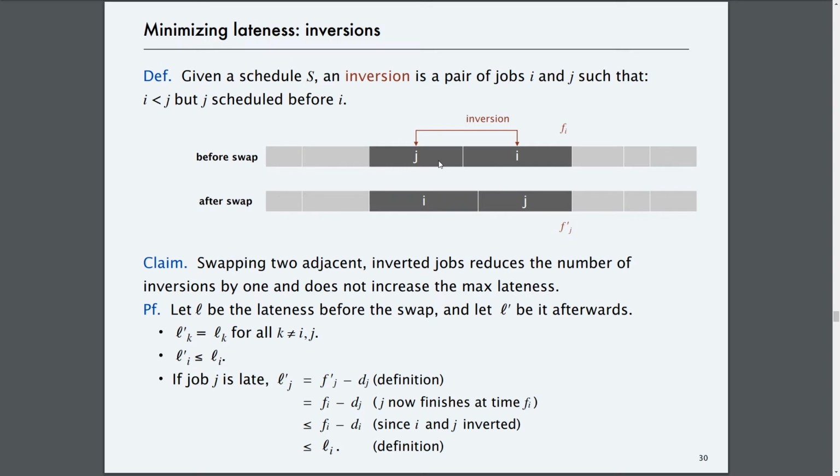So if we have L be the lateness before the swap and L prime be it afterwards, then we have the lateness for each job which isn't these two be equivalent in the schedules. The lateness for i is going to be reduced when we swap.